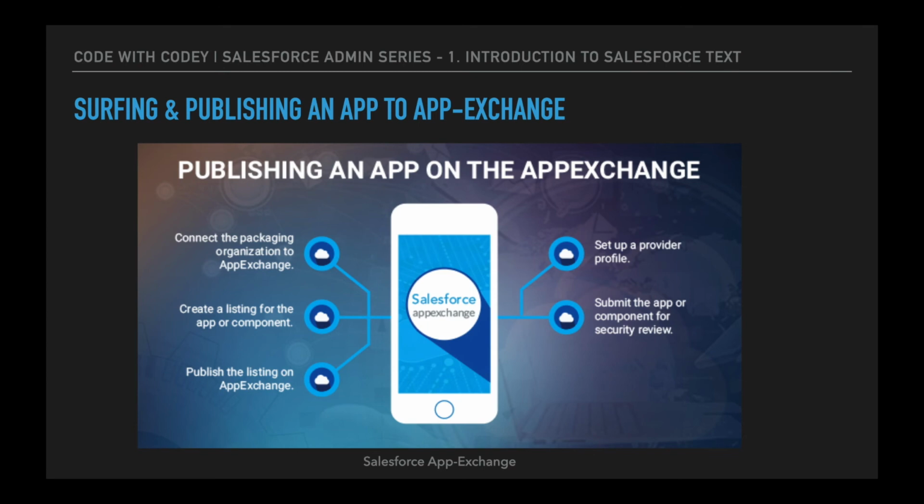Then we need to publish the list on AppExchange. So we have created the list, now we need to publish that list. Then we need to set up the provider profile, that is, who is uploading that application, and finally we need to submit the app or component for security review. So we can also publish components as well.